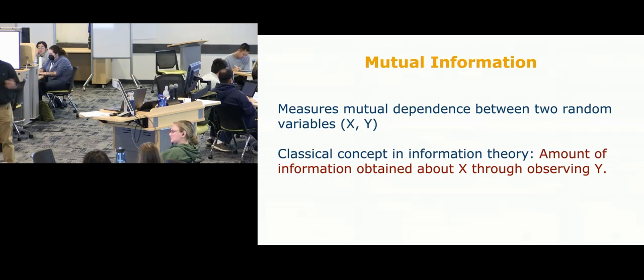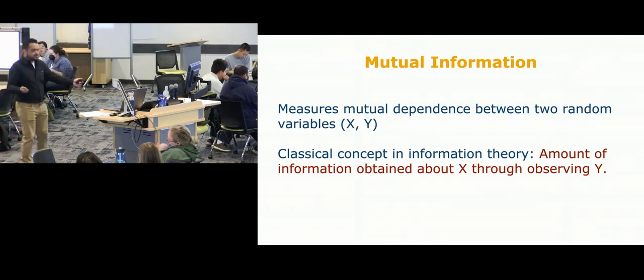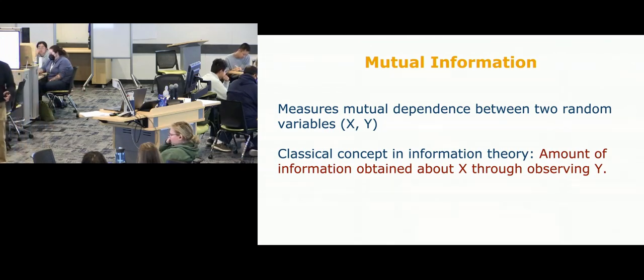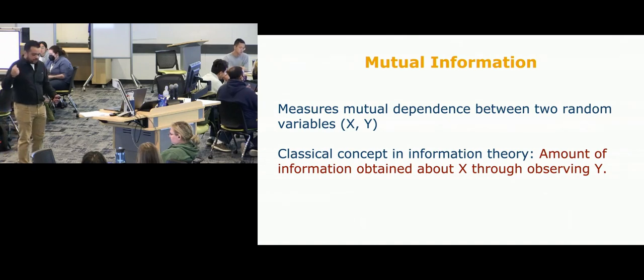And if those variables are independent, then of course it will tell you nothing. The mutual information would be 0. But if they are correlated, then there will be some mutual information. So now you could see how we could use mutual information to compute interestingness. How much does the fact that somebody bought games tell you about them buying videos?